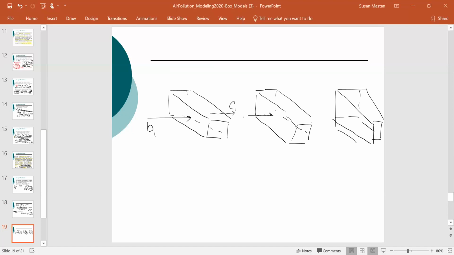That becomes B2, and then you have C2, which becomes B3, and then you have C3. So basically you have an area that you've divided up into 3 cells, and you're looking at each of them sequentially. In order to solve that problem, you'll need to divide it into 3 different cells and solve it that way.